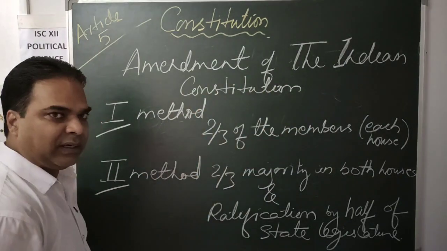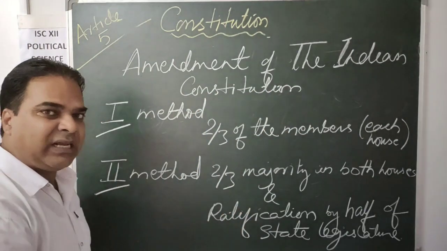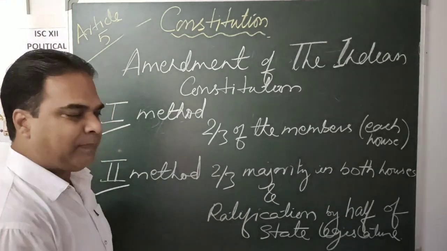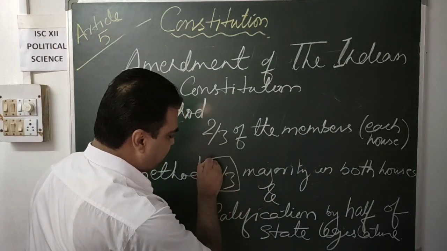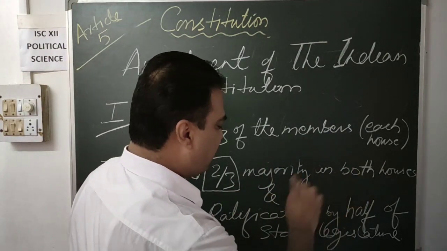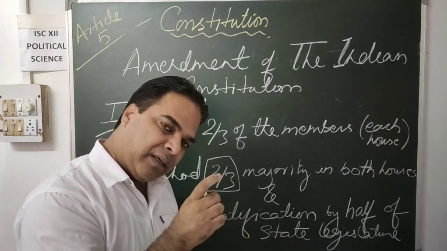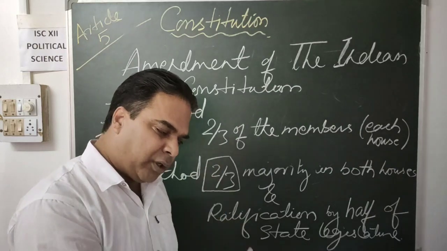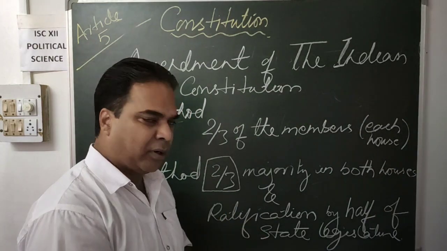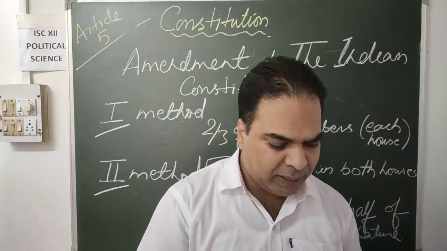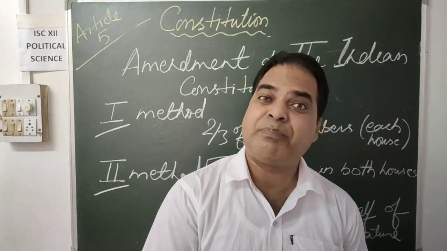Now this is the second method. Forget about the first method now. In the second method, again the first step is 2/3 majority of both houses, 2/3 of the members of the parliament separately. 2/3 of the members of Lok Sabha, 2/3 of the members of Rajya Sabha. Members present and voting.